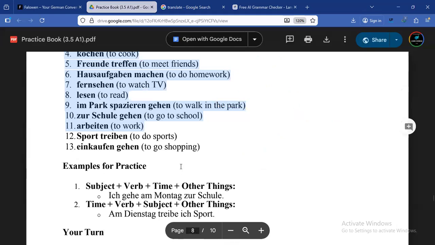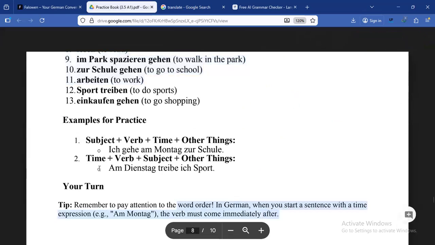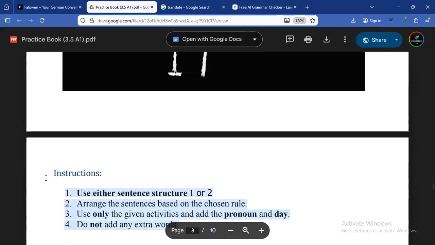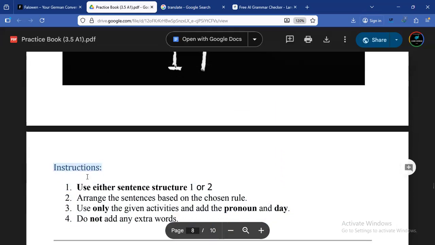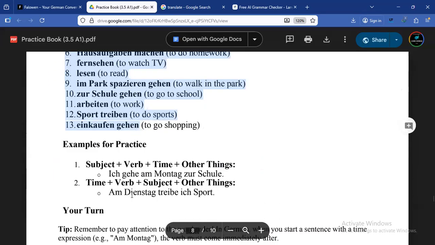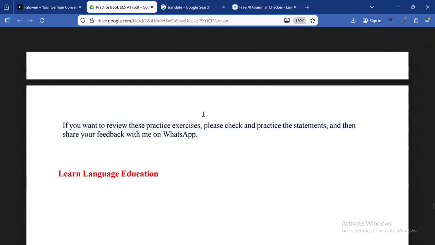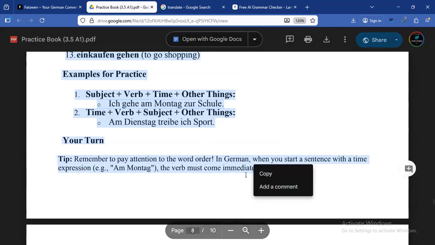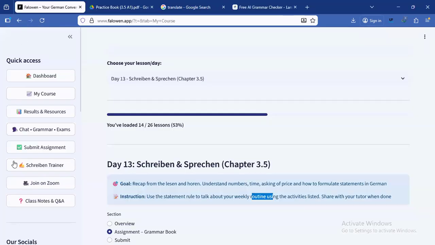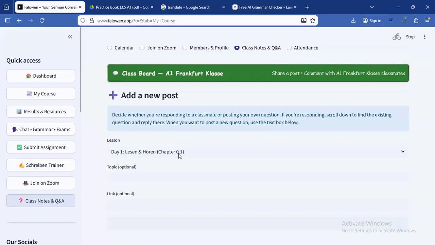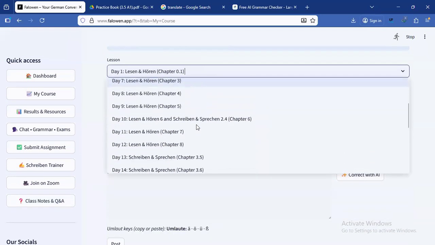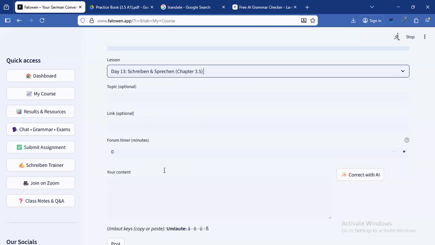So I'm going to paste it on the class notes page. So you all can go there, take your time and do it. I will end the class. But tomorrow when I come, I will check what you guys did and we will go through together. So please, I don't want to see any foreign word there.